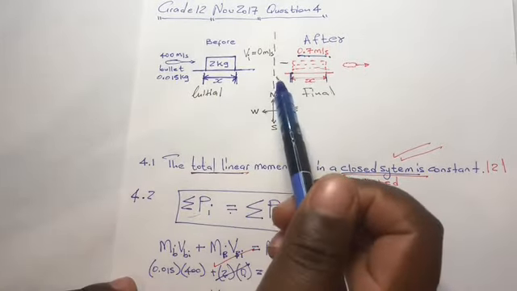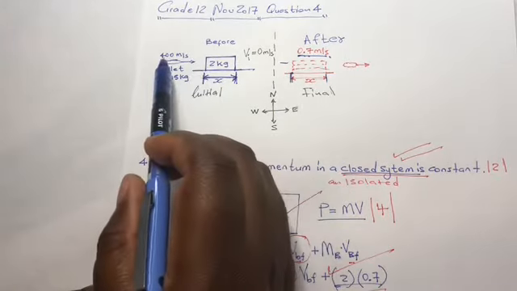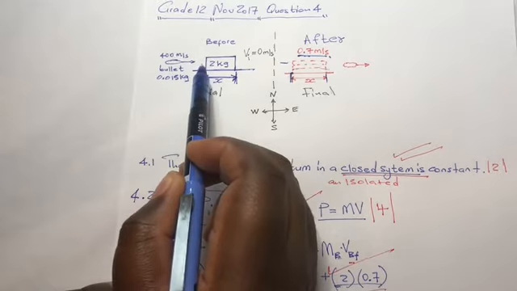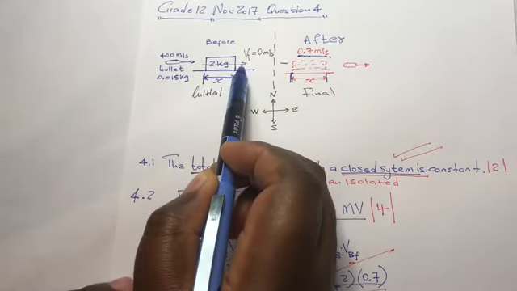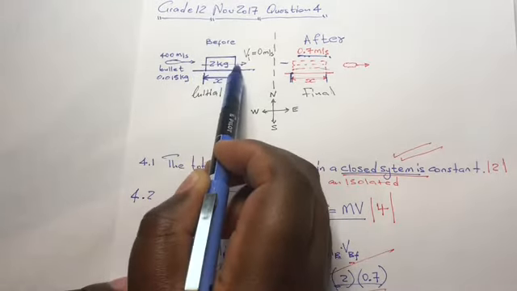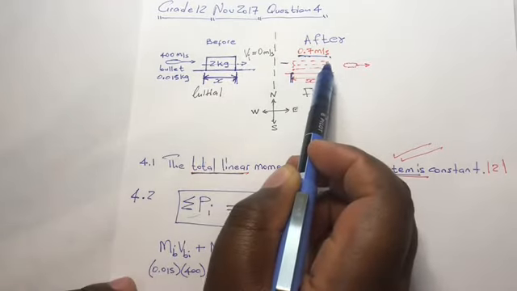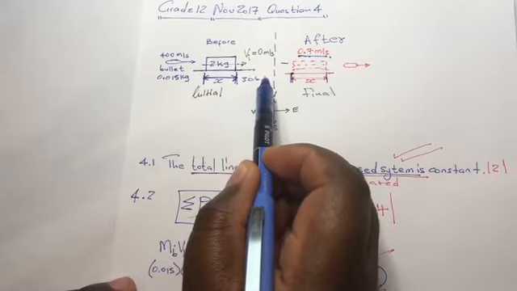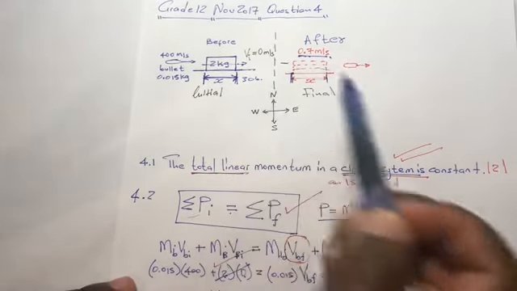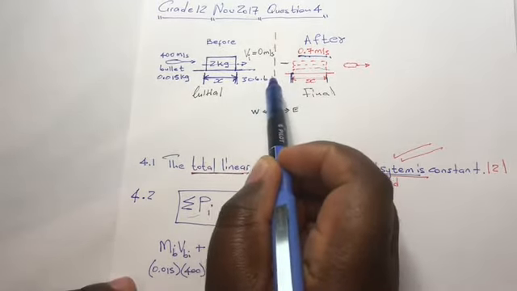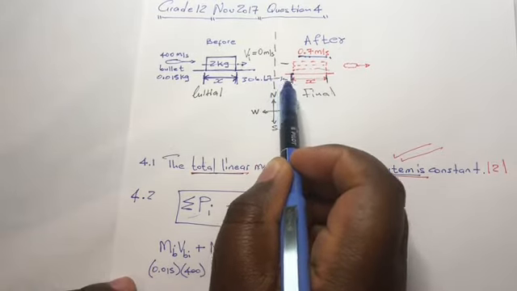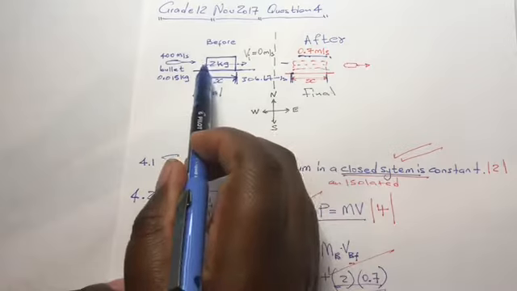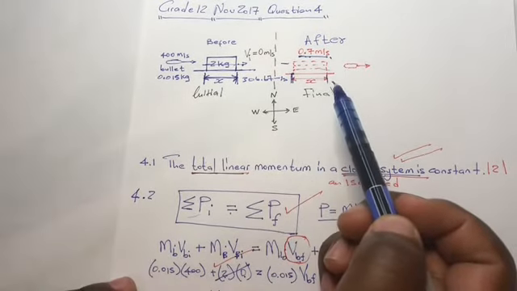Now we just need to know, traveling at that speed, passing through that block, and after passing through the block, traveling at the speed that we calculated, 306.67 meters per second, how long did it take to pass through that block?